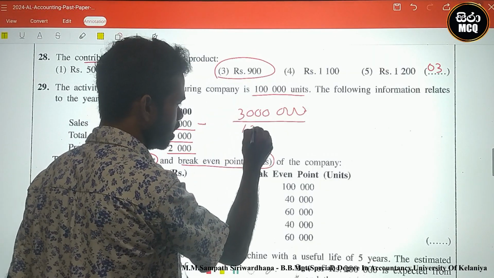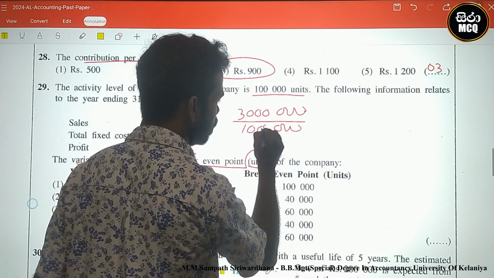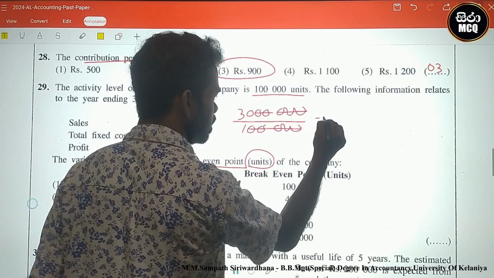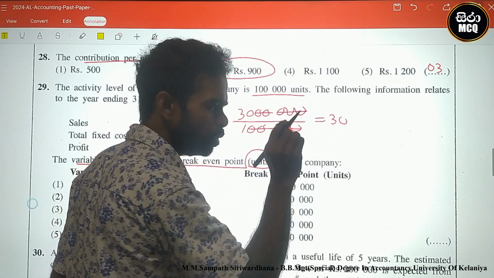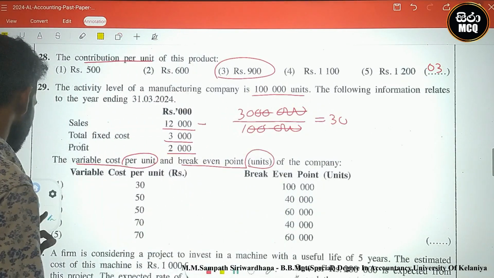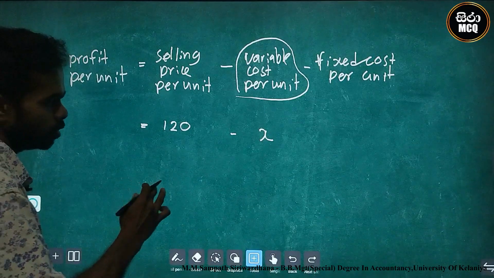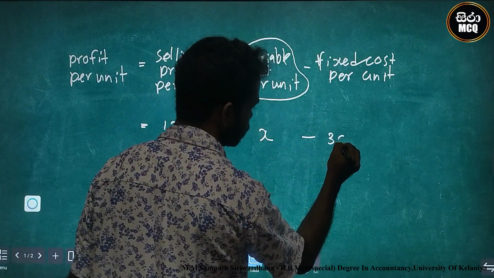Therefore I divide by 100,000 units. After that, I find 30 is the unit fixed cost per unit.